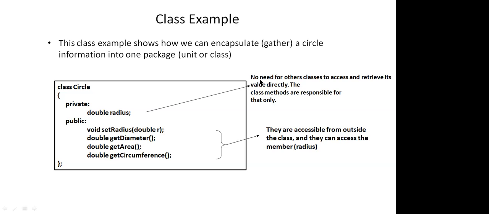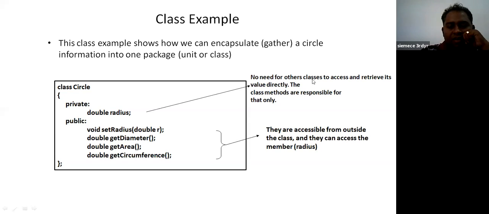That is what is written, that there is no need for other classes to access and retrieve its value directly. The class methods are responsible for that only. And these are the methods. They are accessible from outside the class, and they can access the member, that is the radius. Here the visibility control is public, and here the visibility control is private. That means no one can access this radius.